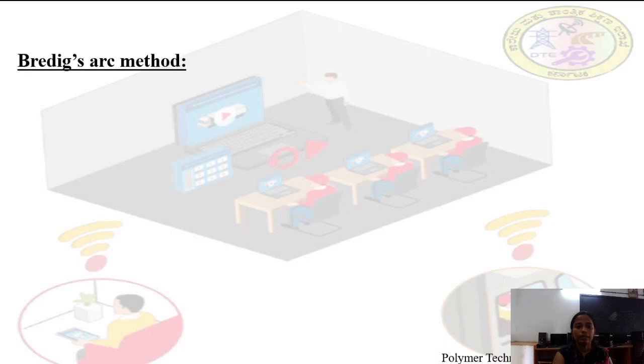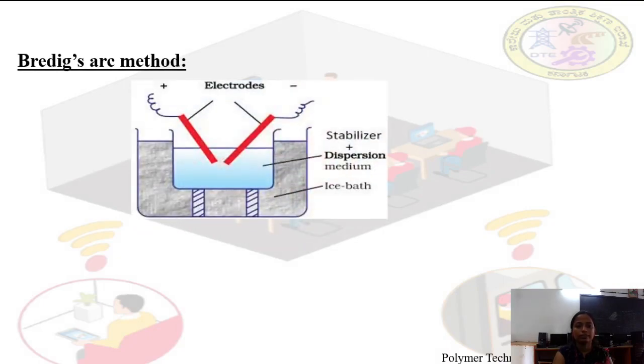Second one, Bredig's arc method. This is the setup for the Bredig's arc method. In one beaker we use the dispersion medium, and we keep this beaker in another beaker filled with an ice bath.